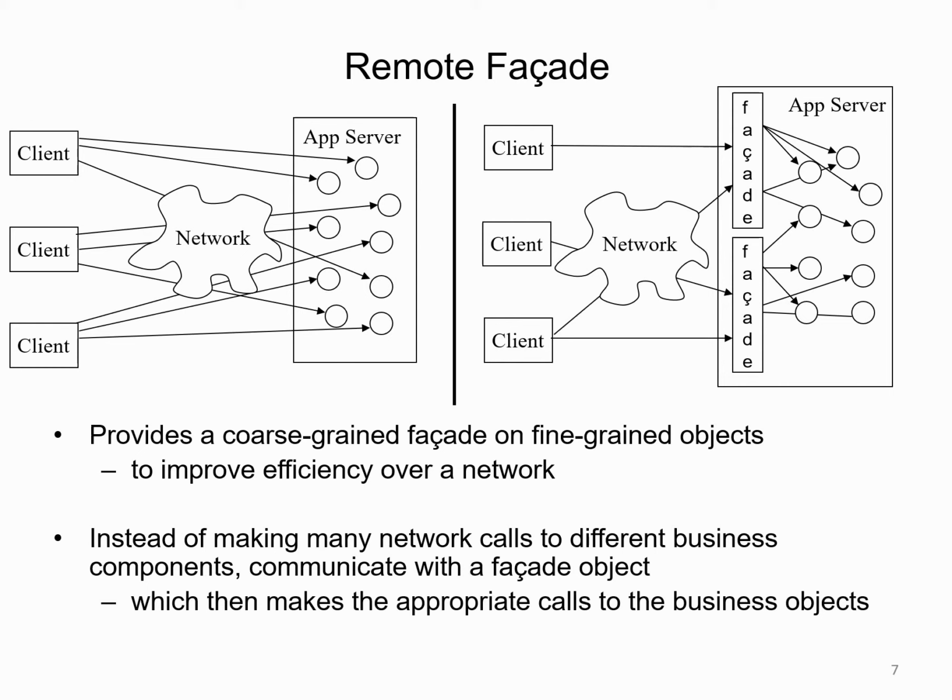They'll need to know not only what the components are, but which should be accessed first and which next. And that means that we're going to build into the client quite a lot of detailed knowledge about the structure of the application. The problem with that is if the structure of the various components changes, then we've got to change the clients as well.